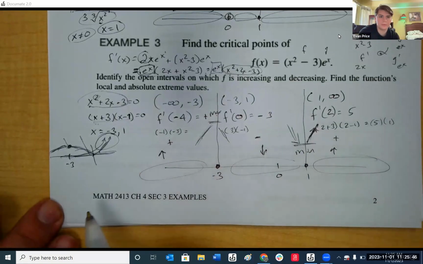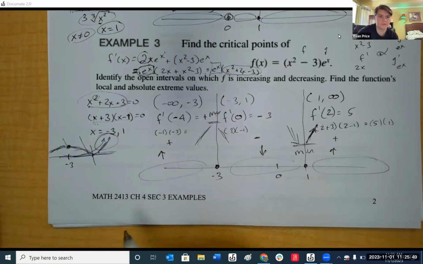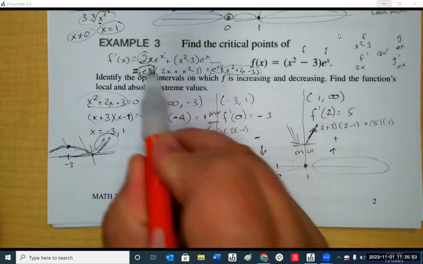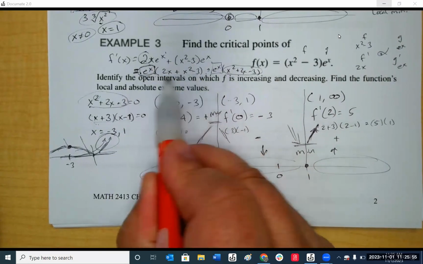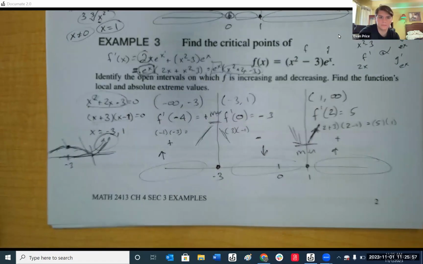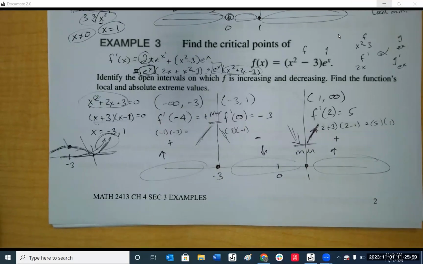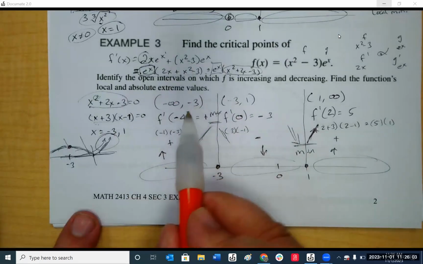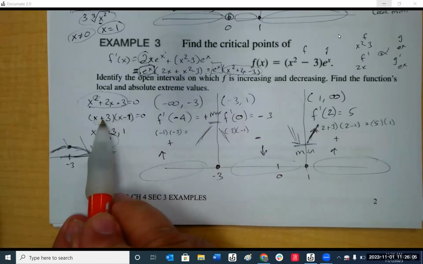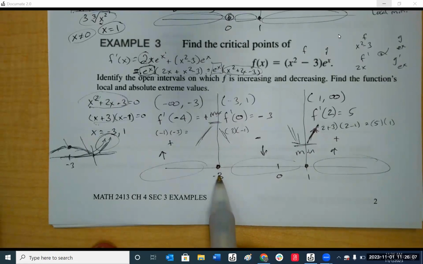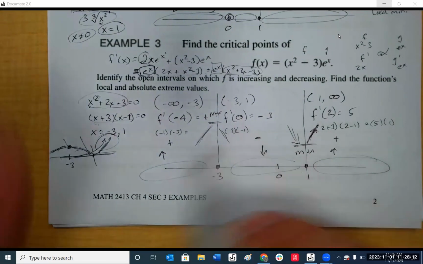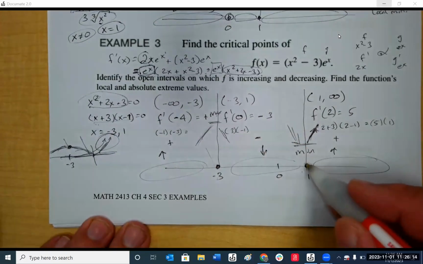So now we have two graphs essentially. We have to take them both. We have the e to the x and we have the quadratic equation. And whatever is the more powerful one will dictate that. In other words, look at this one. Since we know -3 and +1, if it is just the quadratic equation, we know it looks like this.